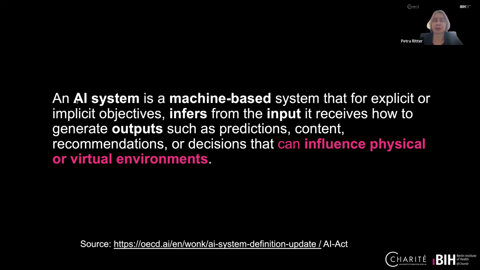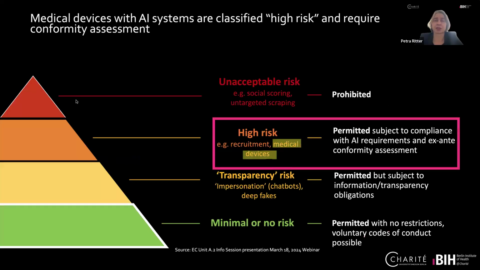We are building the brain twins to use them for medical applications, for example, to plan neurosurgical interventions, pharmacological interventions, or stimulation protocols for individual patients. And this is the risk system of the new AI Act in Europe.